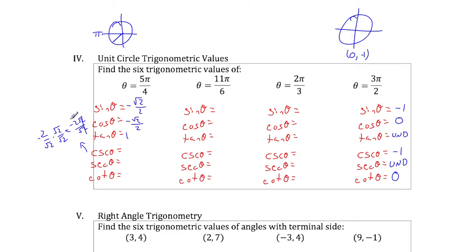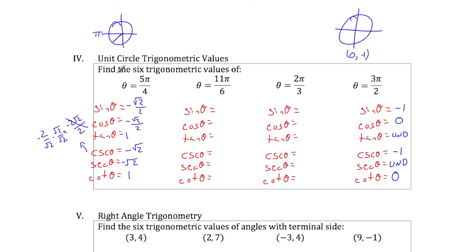Sorry, I'm trying to rush through this, which is not recommended. That's negative 2 root 2 over 2. Root 2 times root 2 is 2, and so those 2's cancel out. So cosecant is just going to be negative root 2. Secant is again negative root 2. And the reciprocal of positive 1 is again positive 1.